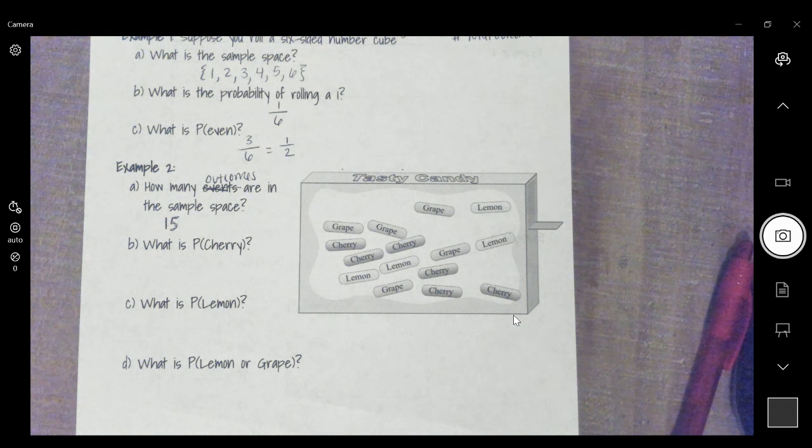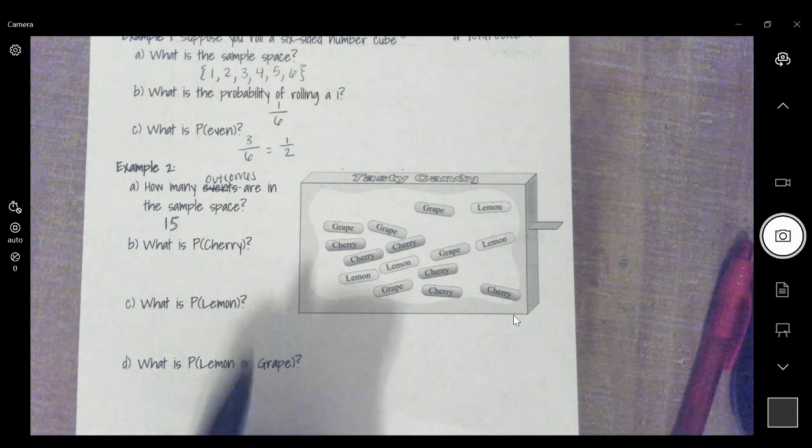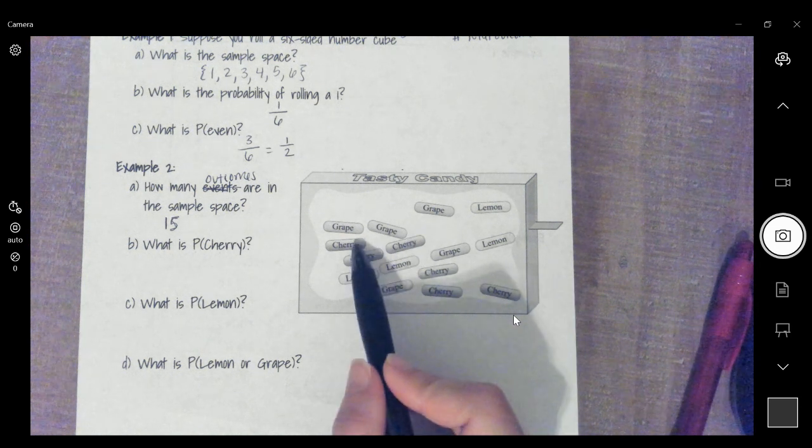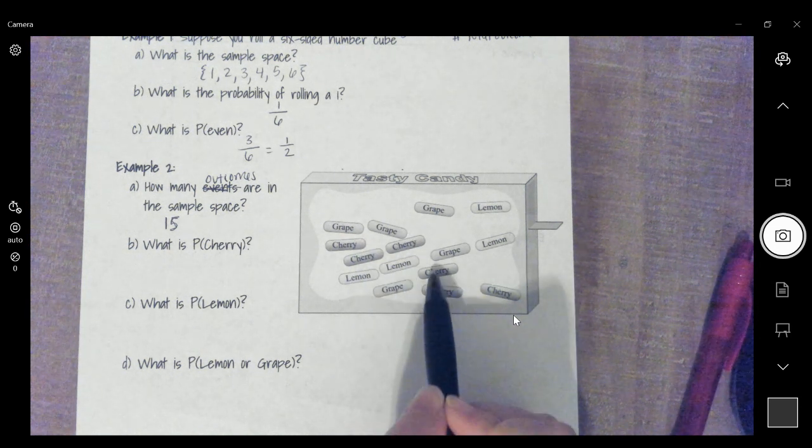So B says, what's the probability of getting a cherry? Remember that P means probability, so of drawing a cherry. So we need to count how many cherries we have because we could draw any of those. So 1, 2, 3, 4, 5, 6. So there's 6 cherries out of the 15 total we just counted.